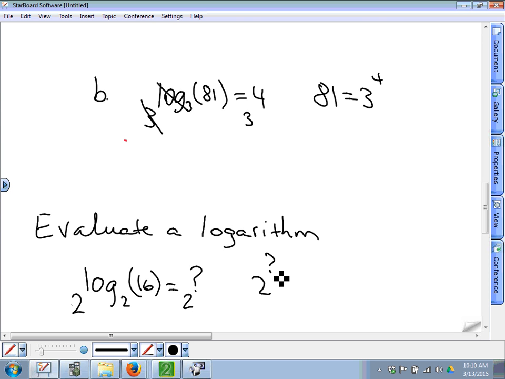So it would be 2 to some power equals 16. So now in that form, it might be a little more clear. That question mark has to be, well, we have to solve it, but you guys know this. 2 to what power equals 16? 4. So the answer to the original question was log base 2 of 16 equals 4.